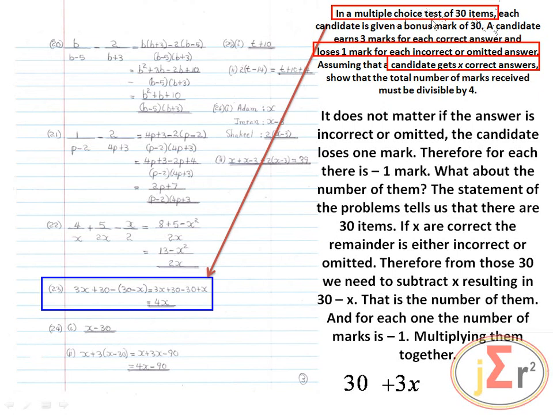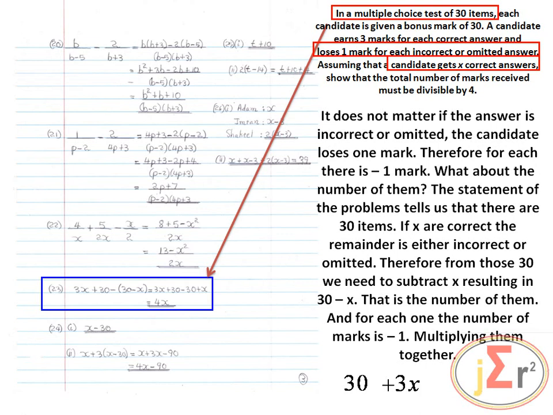That's why this is important. 30 items. And this now is showing to be important to the number of incorrect or omitted, although this is telling us the number of correct. So if x are correct, the remainder is either incorrect or omitted.